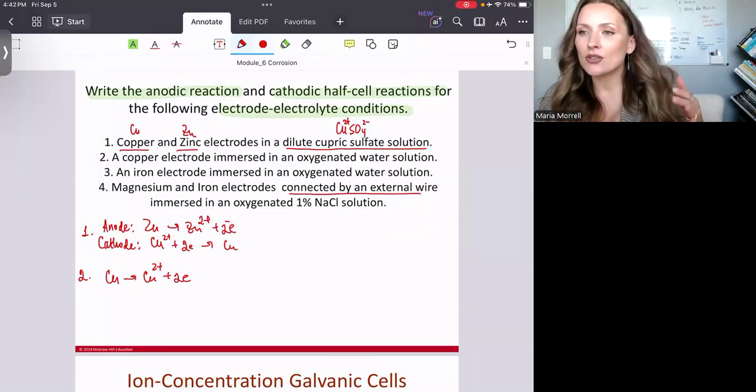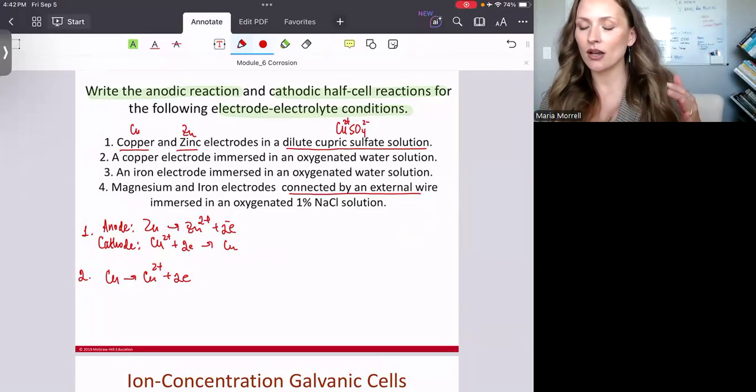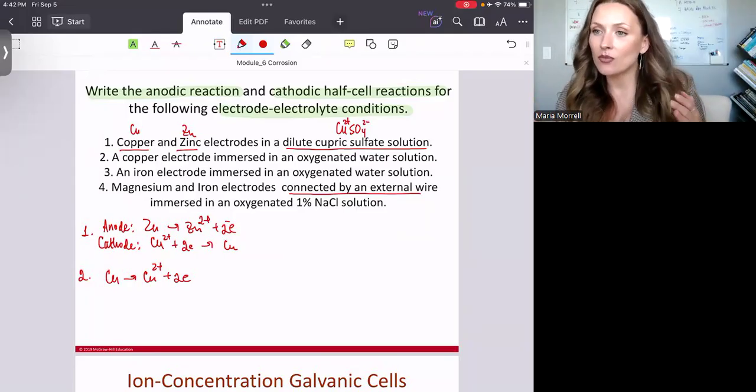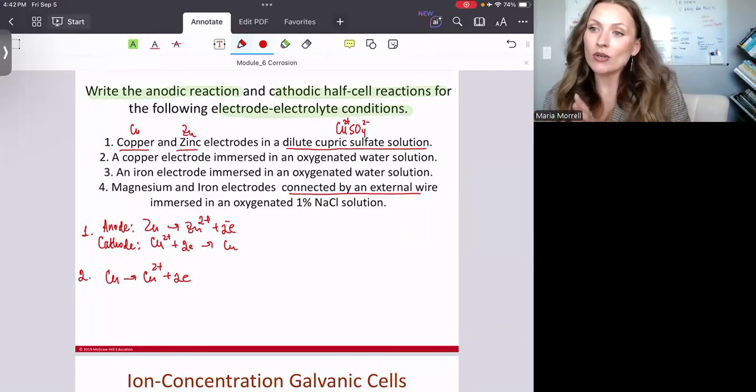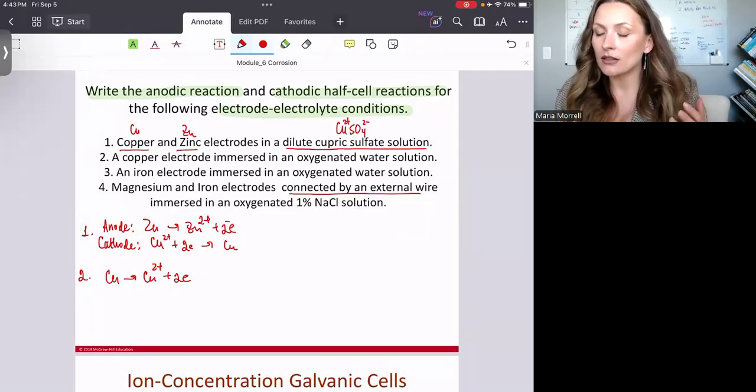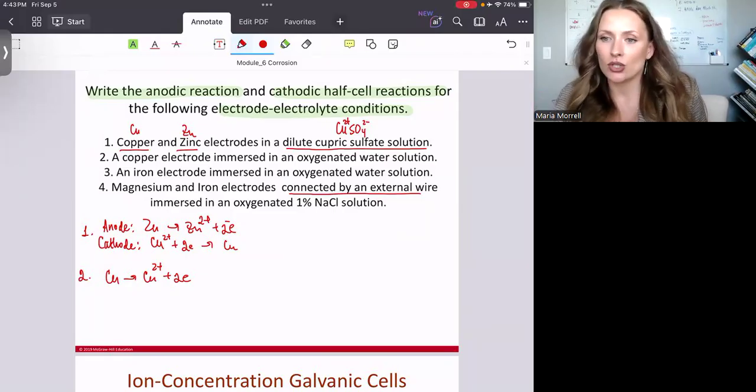During any graded assignment, including an exam, I will always ensure that the table is next to you, so you can look at it in case you forget the valence or the reaction. And now I have an oxygenated water solution.